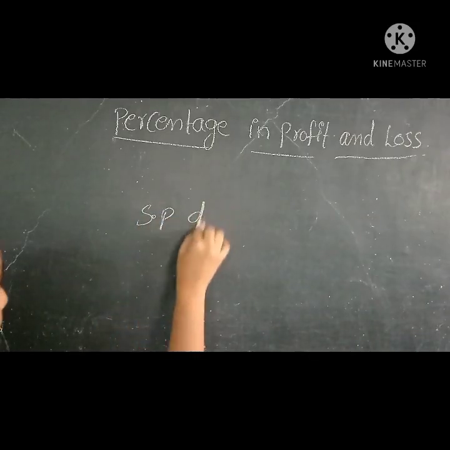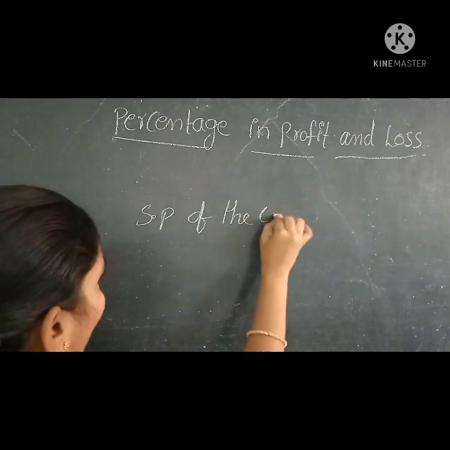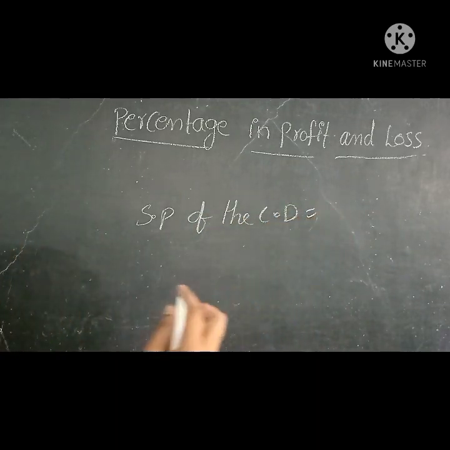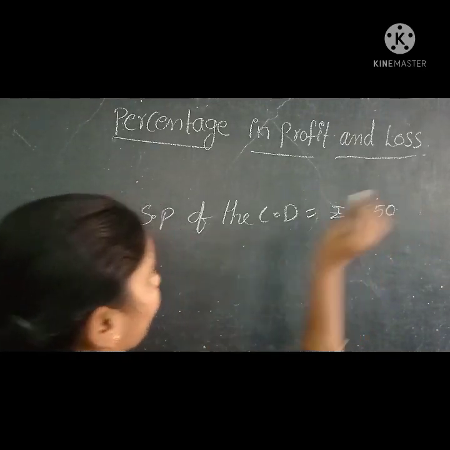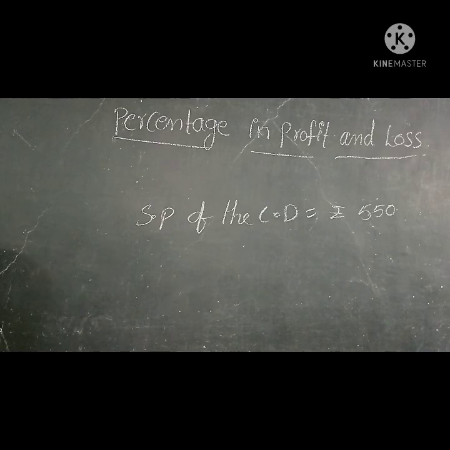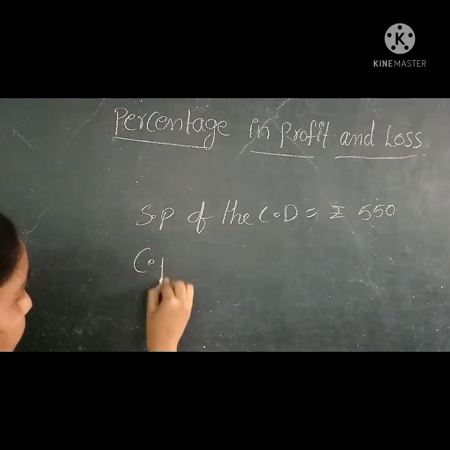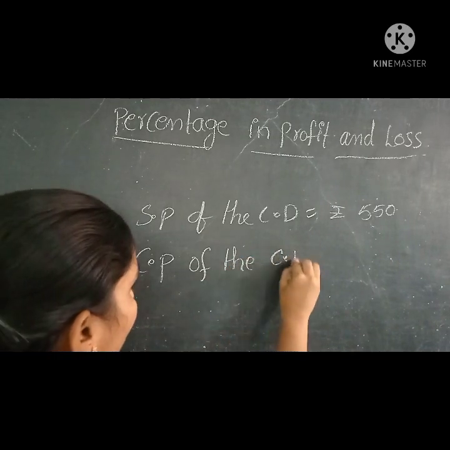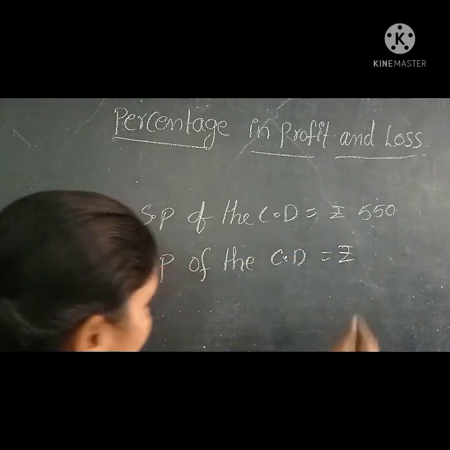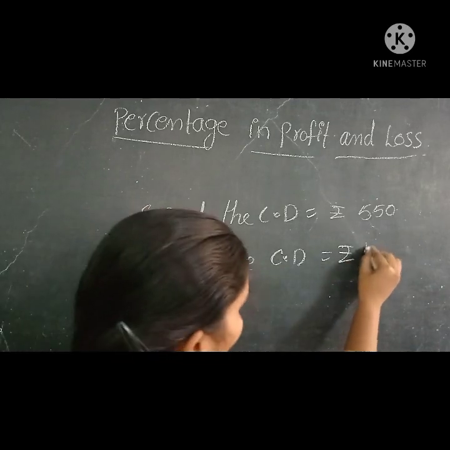Selling price of the CD is equal to how many rupees? 550. Next, cost price of the CD is equal to how many rupees? 500 rupees.